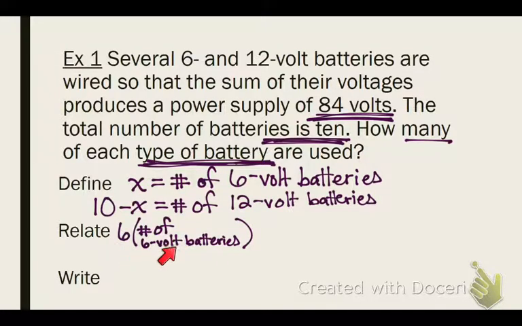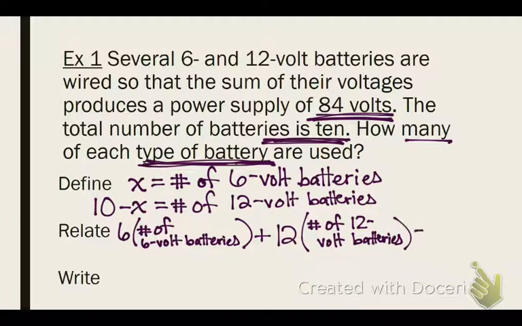So to relate it, I'm going to put it into words as much as possible. 6 volts times the number of 6 volt batteries plus the 12 times the number of 12 volt batteries. That's going to equal the total voltage. Meaning, anytime I say, okay, let's write it, that means let's put in some variables.